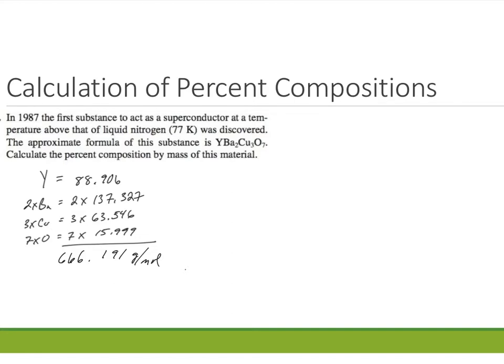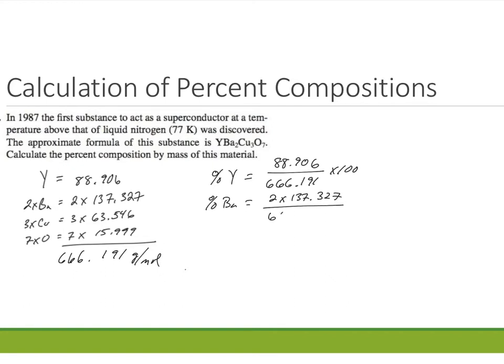Now, to determine the percentage, we're going to take each of the individual atomic masses over the whole. So the percent yttrium is equal to 88.906 over the whole, 666.191 times 100. The percent barium is going to equal 2 times the 137.327, because we've got 2 of them, over the whole, 666.191 times 100.